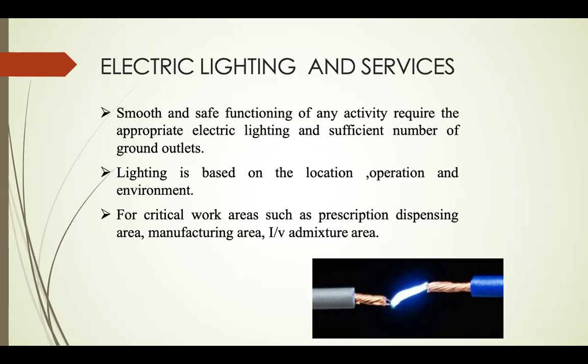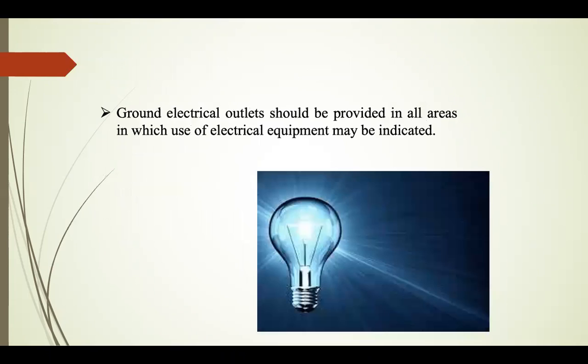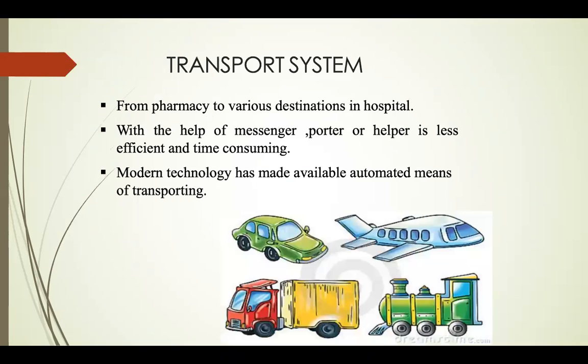For critical work areas such as the prescription dispensing area, manufacturing area, and intravenous admixture area, ground electrical outlets should be provided in all areas in which the use of electrical equipment may be indicated. Transport system: sending items from the pharmacy to various destinations in the hospital with the help of a messenger, porter, or helper is less efficient and time-consuming.